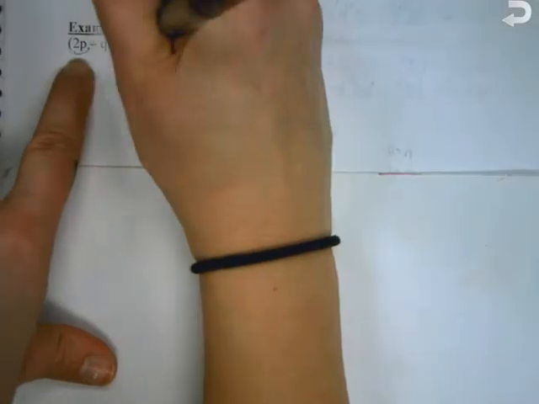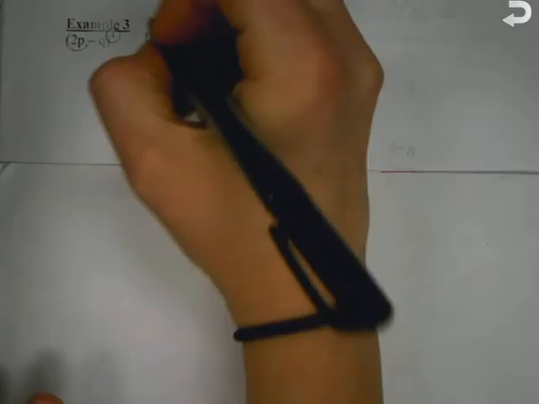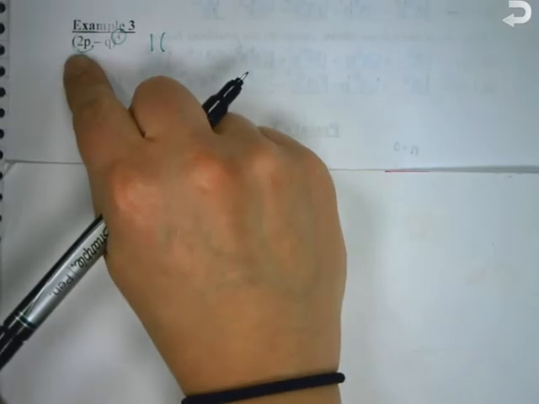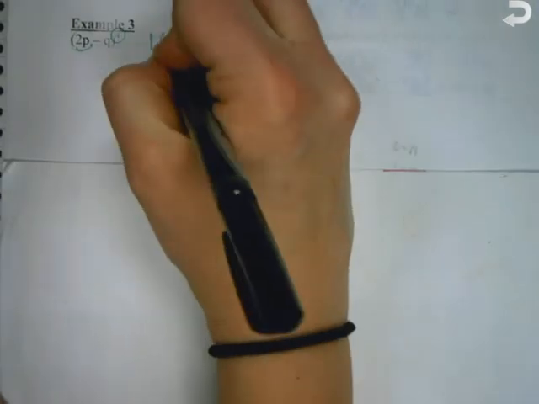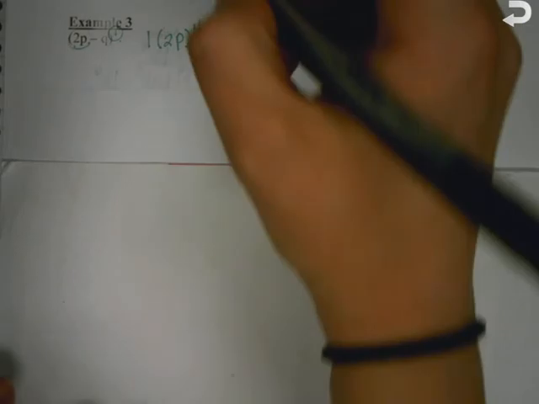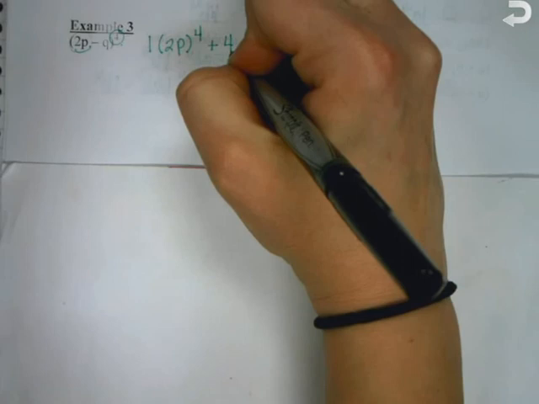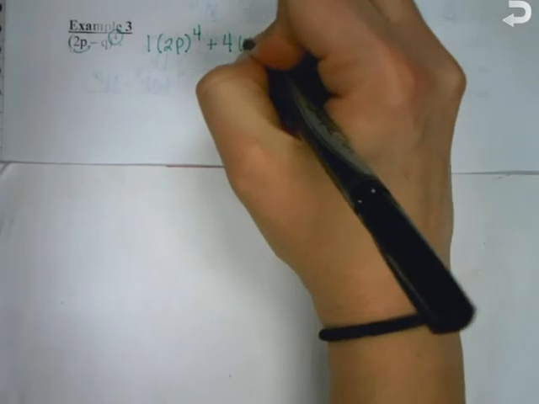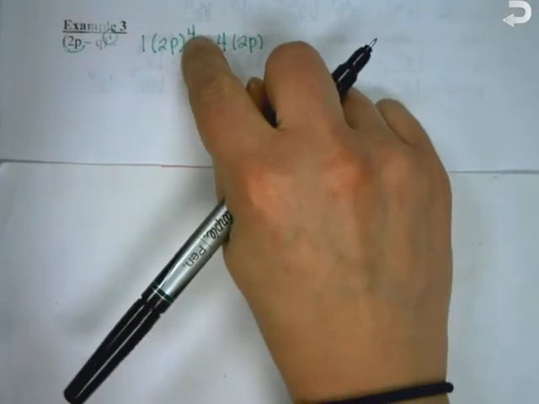Plus, what's the next coefficient? 4. 2p in parentheses to the, what's 1 less than 4? 3rd. And negative q. There's a negative attached to my q, so I have to attach it to q and keep it with it the whole time. So that's going to be times negative q to the 1st power, right?